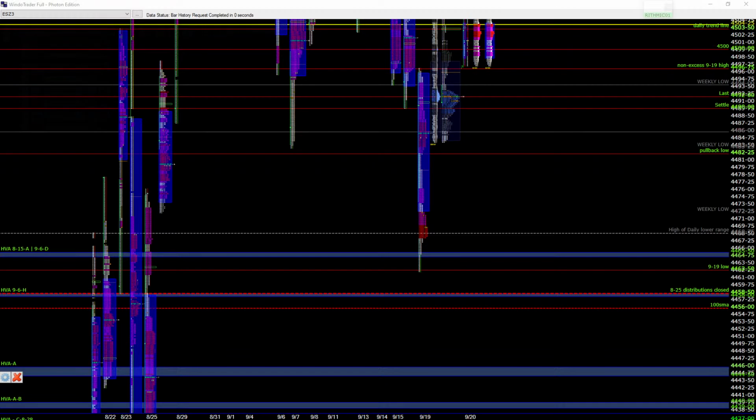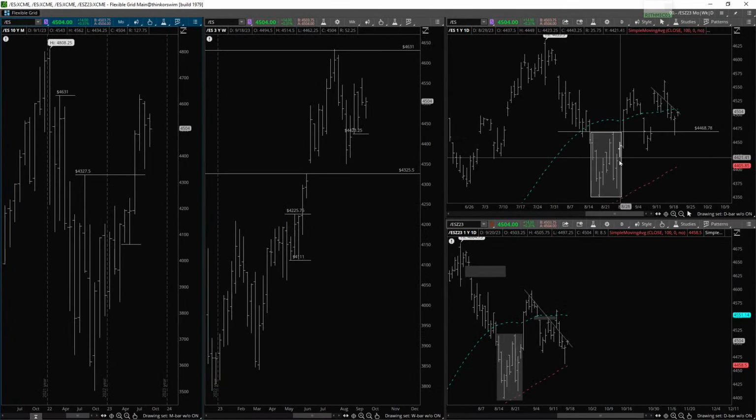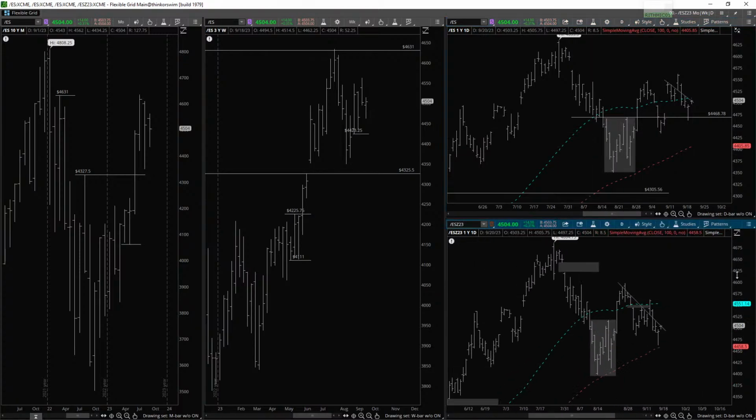Let me show you what I'm talking about. This is what I'm talking about. This range here. I had this range highlighted for so long, and now I have put it back because I saw this thing happen yesterday. Now this is an 8 or 9 days range.